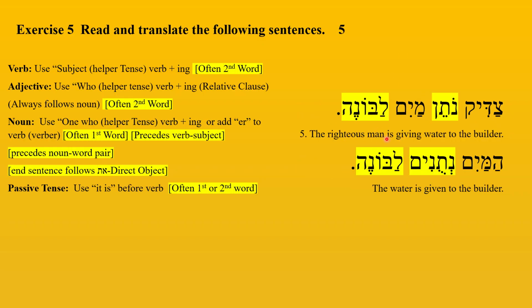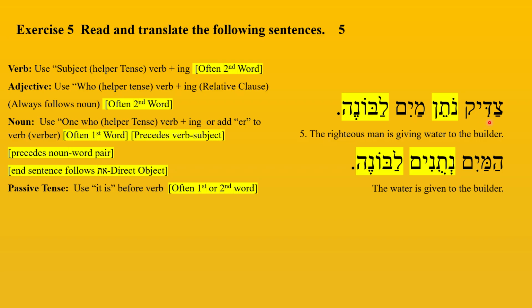Number 5. Tzadik noten mayim labone. So tzaddik looks like an adjective in the first place, so probably not. A righteous man, well, again, your book translates it as the righteous man.